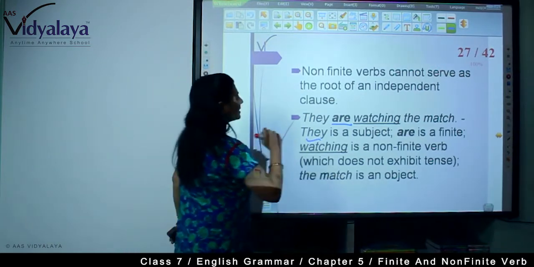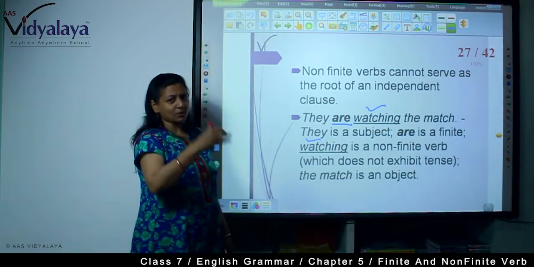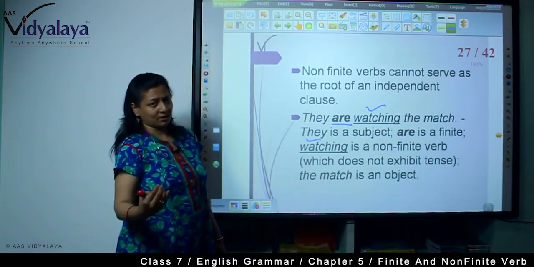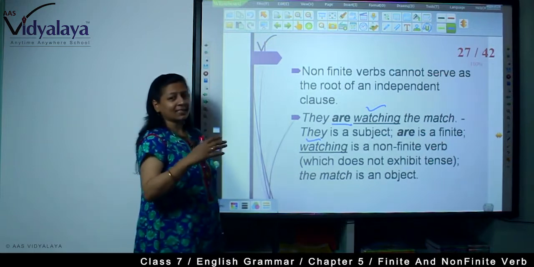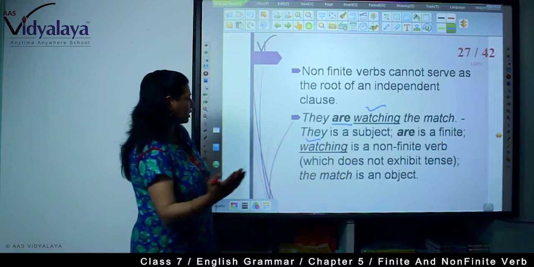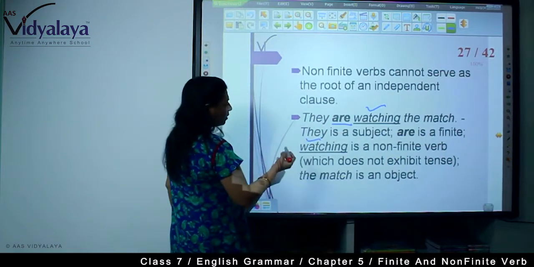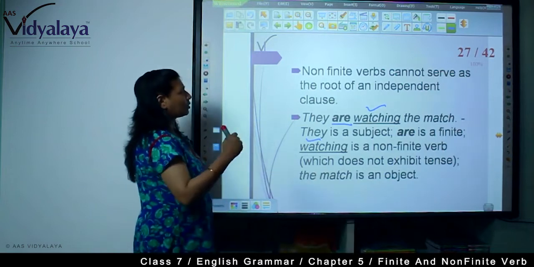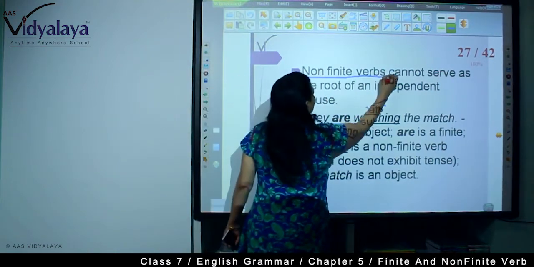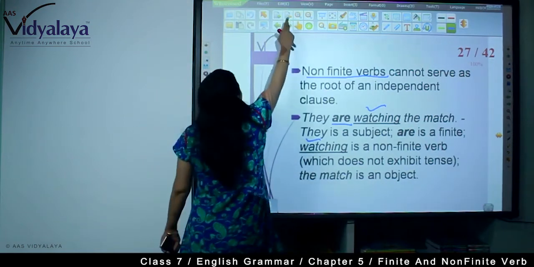So with watching, you cannot say whether this is a present tense or past tense or future tense because you are not seeing any change in the word. Watching is always watching. With plural, watching. So everywhere, non-finite verbs cannot serve as the root of an independent clause.